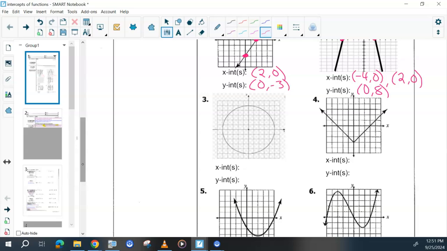For the x. How would I write that? (5, 0) and (-5, 0). Okay, what about the y-intercepts? 5. (0, 5), and then (0, -5). Good.